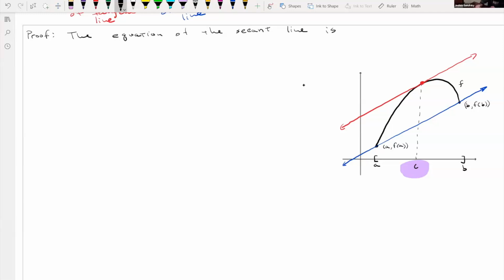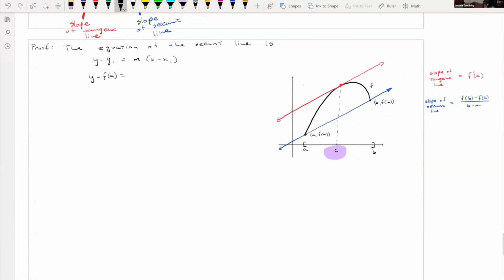We have y minus y1 equal to m times x minus x1. You guys are familiar with that. Well, let's grab the point a, f(a), as our point. So I'm going to get y minus f(a) equals, I need the slope. Well, guess what? In blue to the right there, I have the slope.